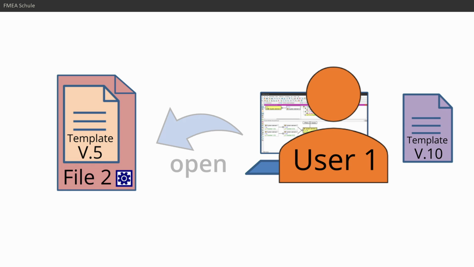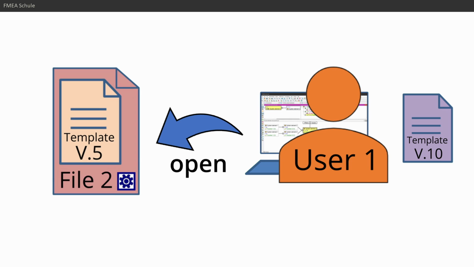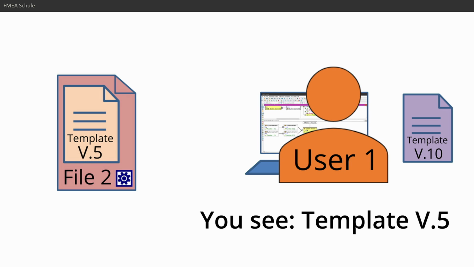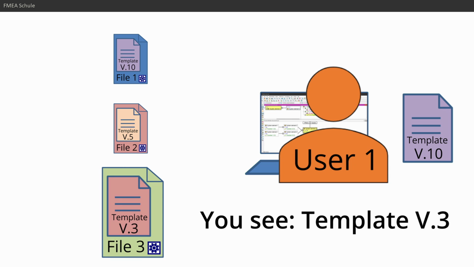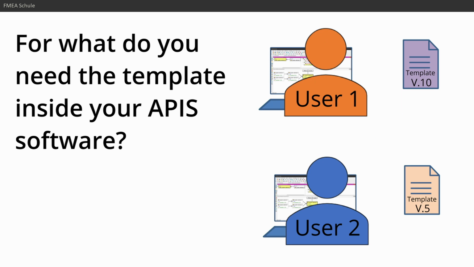Next, you need to know that when you open an APIS FMEA file, it doesn't matter what template number your APIS software has, because you will only see the template of the file itself. If, for example, user 1 opens file 2, then he will see the template with the version number 5 of the file itself, and if he opens file 3, then he will see the template version number 3, and so on.